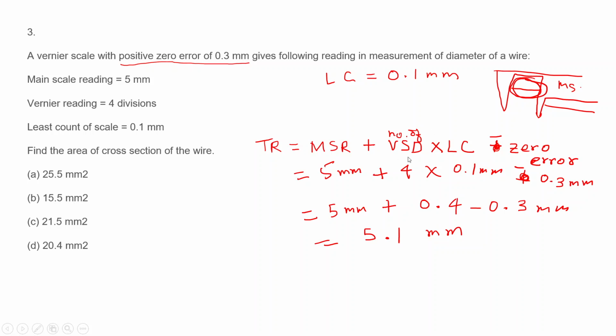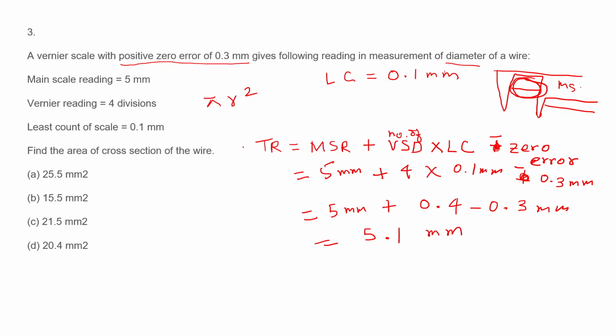So this measurement that we have done is for the diameter, and they are asking us to find the area of cross section of the wire. Area of cross section means we need pi r square. As mentioned in the question, this is the diameter.